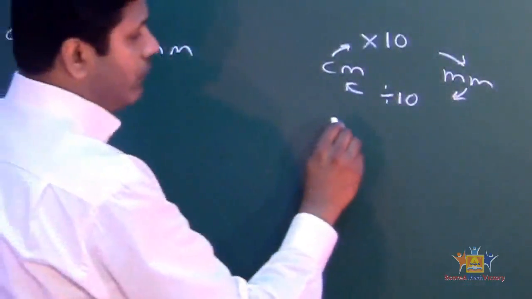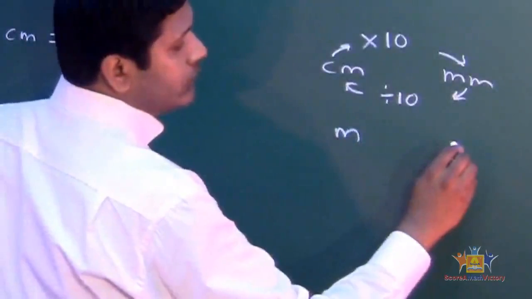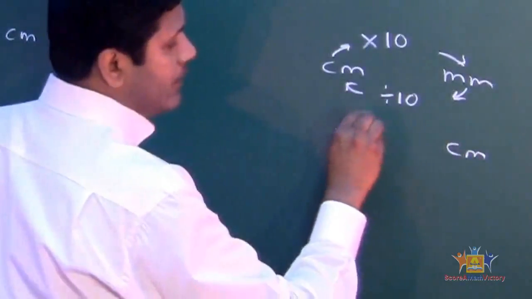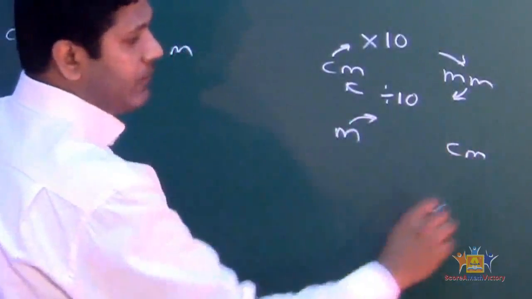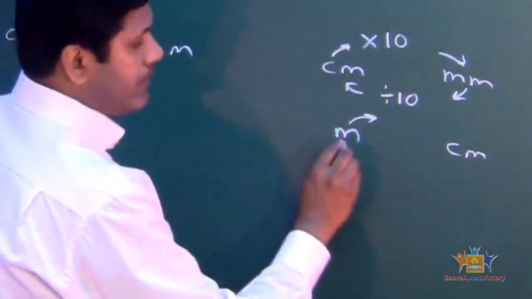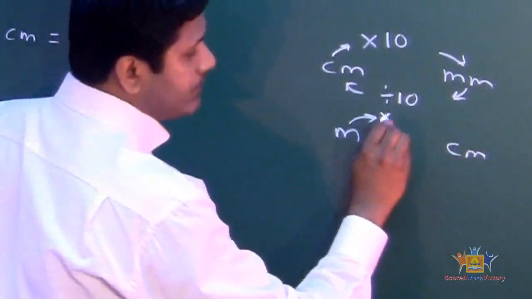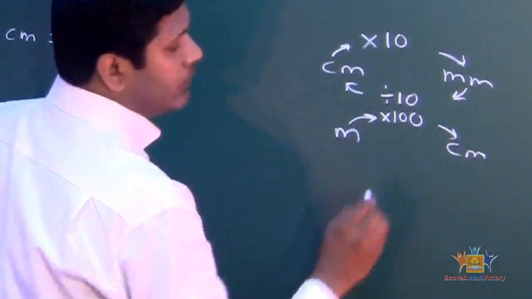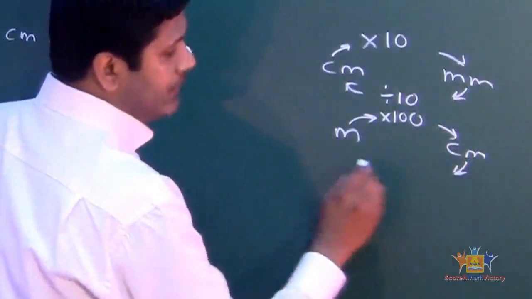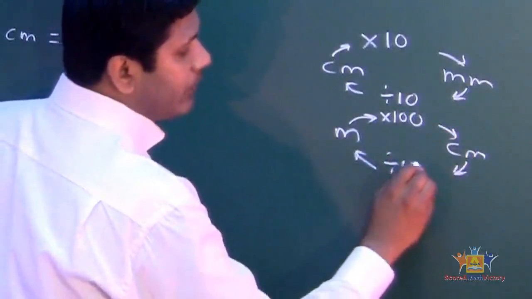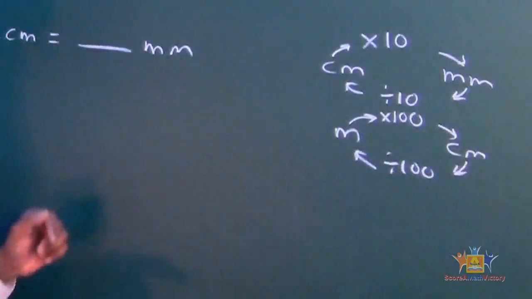If I go from meter to centimeters, using the rotation method, we always go clockwise. From meter to centimeter, I multiply by 100. When I go from centimeter to meter, I divide by 100.